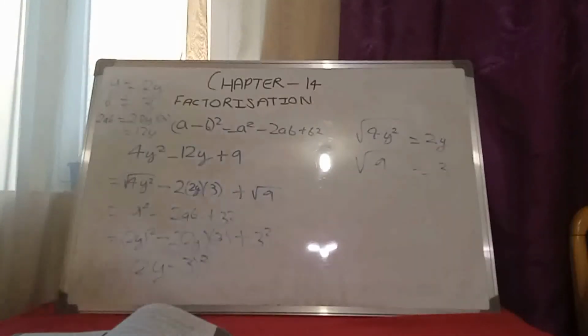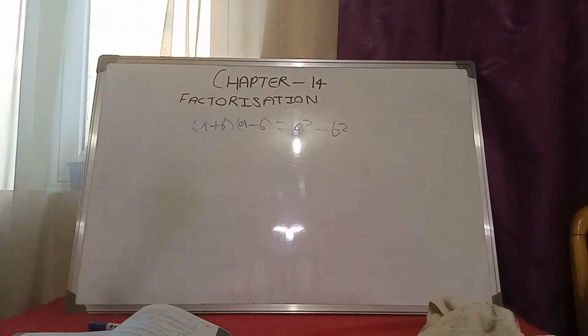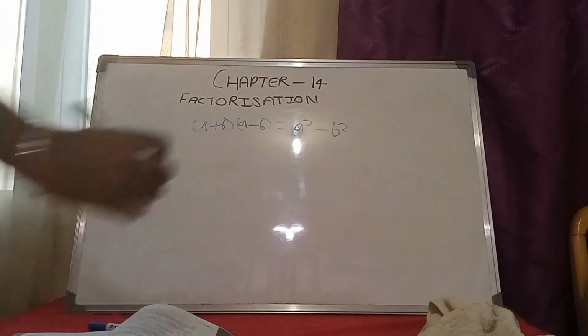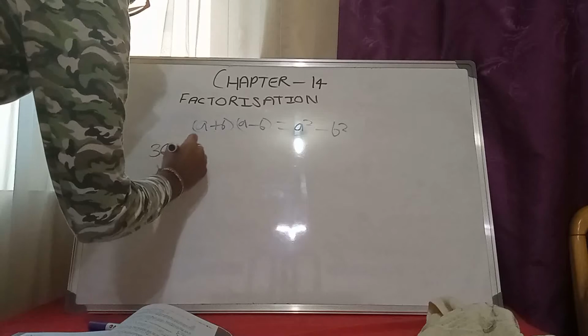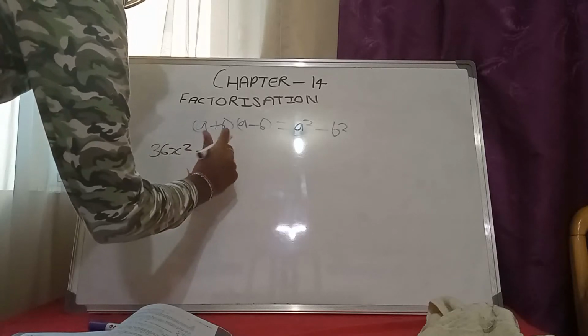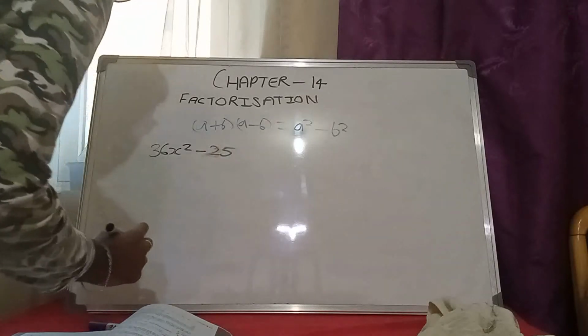Now we go into the third identity. The third identity is (a plus b) into (a minus b), that is a square minus b square. For example, we'll take 36x square minus 25.